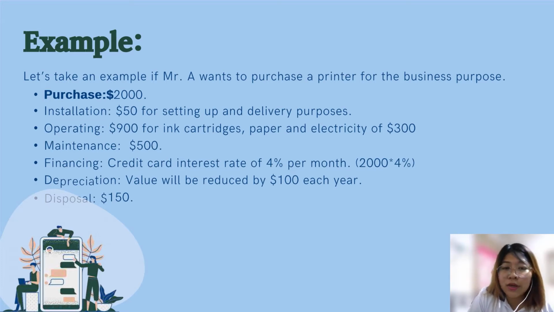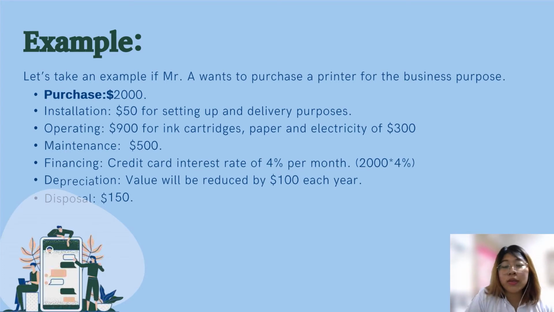And since Mr. A financed the printer monthly, there's a credit card interest rate of 4% per month. Depreciation value will be reduced by $100 each year. And lastly is the disposal of $150.